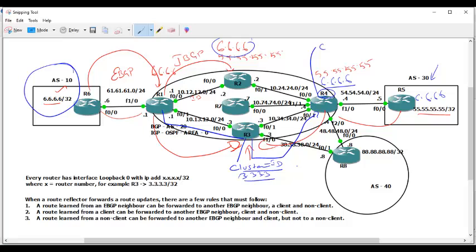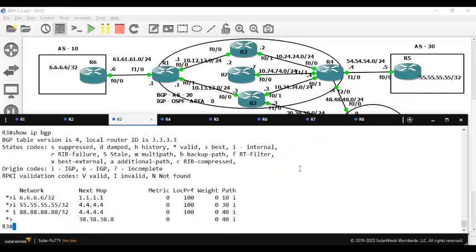Let me show you this first. In router 3, the BGP table says it knows about 6.6.6.6 from 1.1.1.1. It knows about 5.5.5.5 from 4.4.4.4. We'll configure on R3.